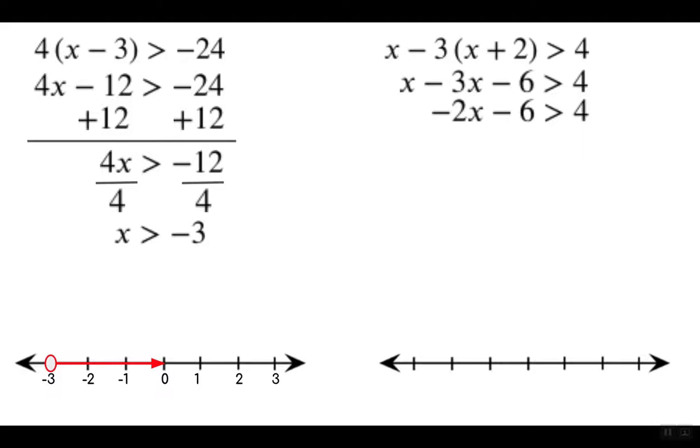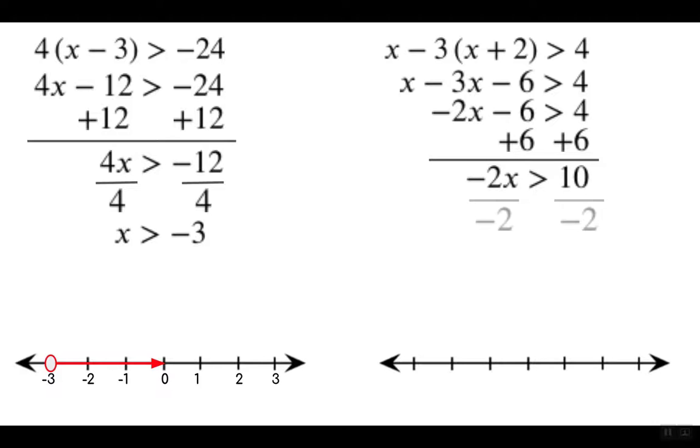At this point, I'm at a two-step inequality. I'm going to add 6 to both sides, and I get negative 2x is greater than 10. Then I'm going to divide both sides by negative 2. By what kind of 2? Negative 2.